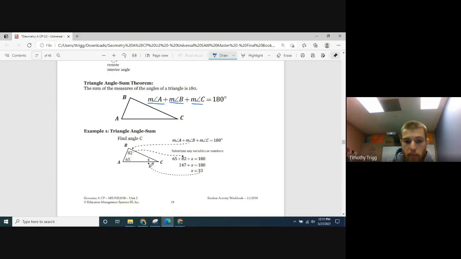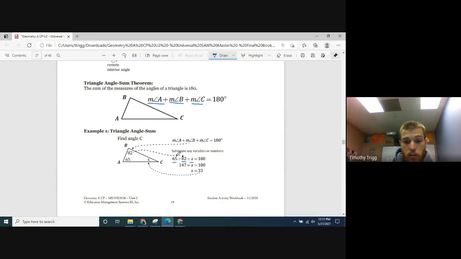So they show an example of that. Like if we know that this angle is 82 degrees and we know that this angle is 65 degrees, we can find the measure of the third angle because I know the three angles together must add up to 180. And you can see the equation they set up is that these two values plus x, so 65 plus 82 plus x, add up to 180.